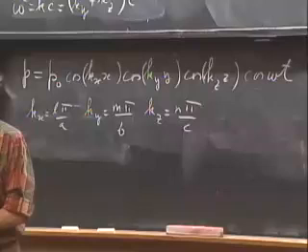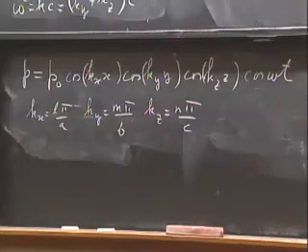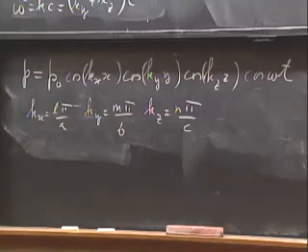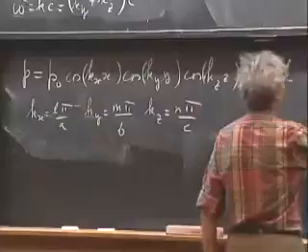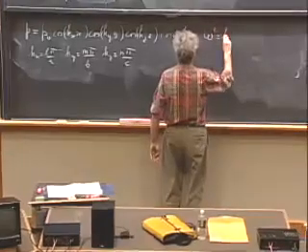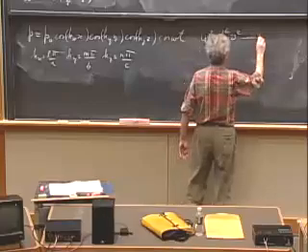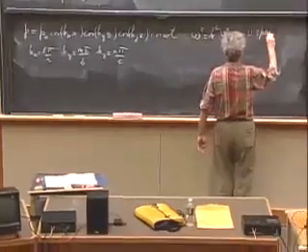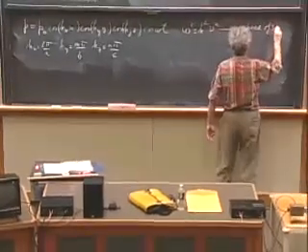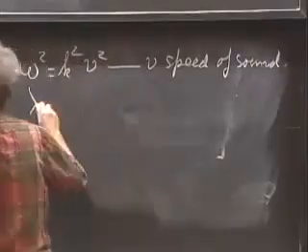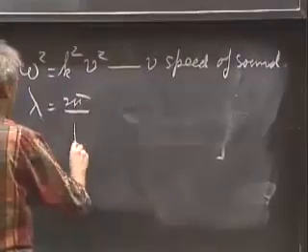Then I'm happy. Then at all surfaces, I have met the boundary conditions that the pressures are a maximum. And so what always holds is that omega squared is k squared times v squared, but this v is now the speed of sound. And the wavelength lambda is 2 pi divided by k.